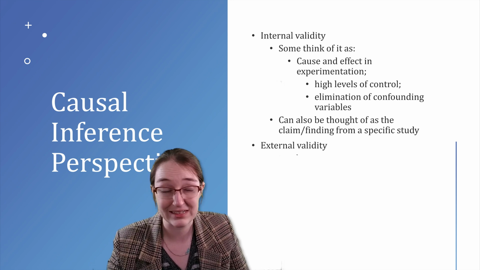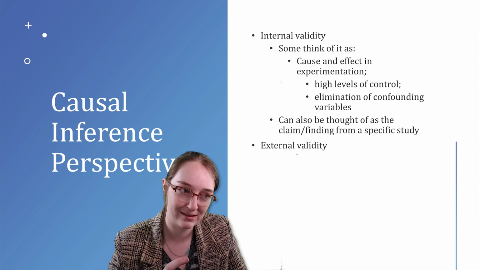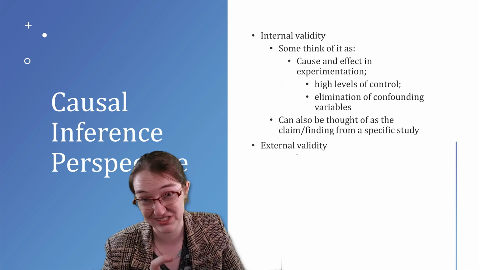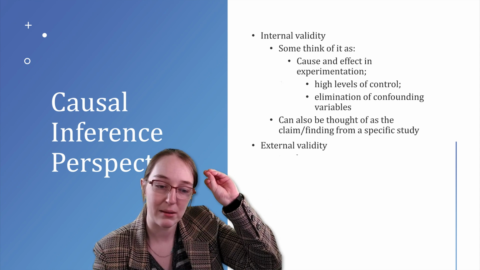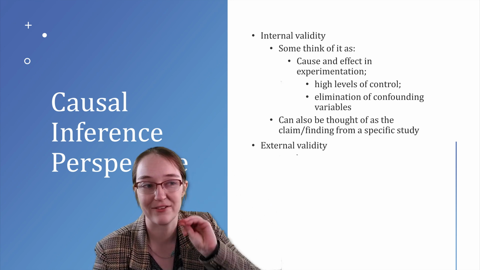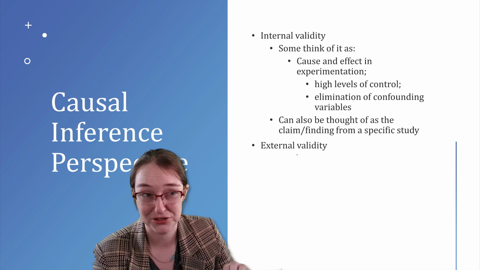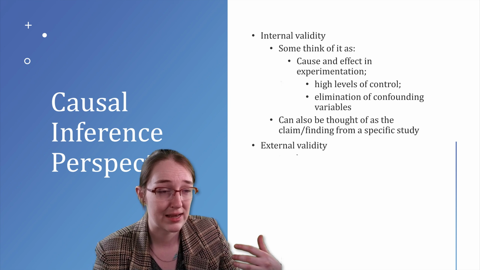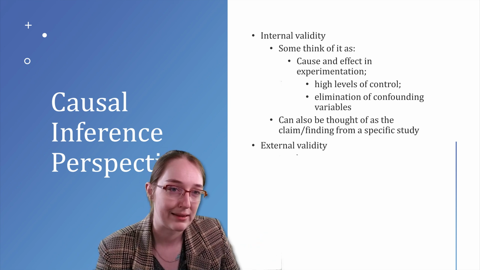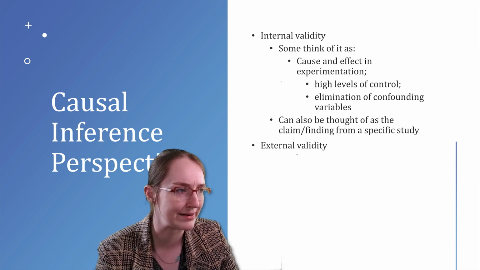So measurement, incredibly important, and it's like a necessary but not sufficient condition to have an internally valid study. So it's like the foundation. Everything in causal inference depends on good measurement. So in external validity, I think I just spoiled and scooped myself in the last slide.